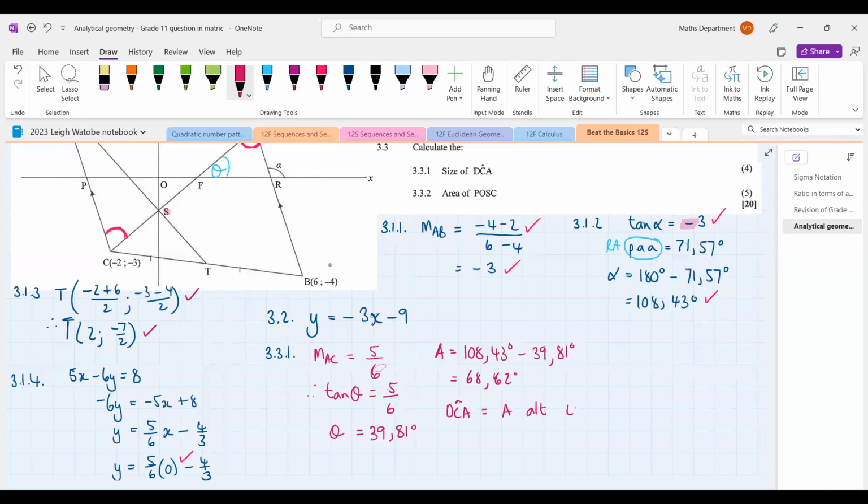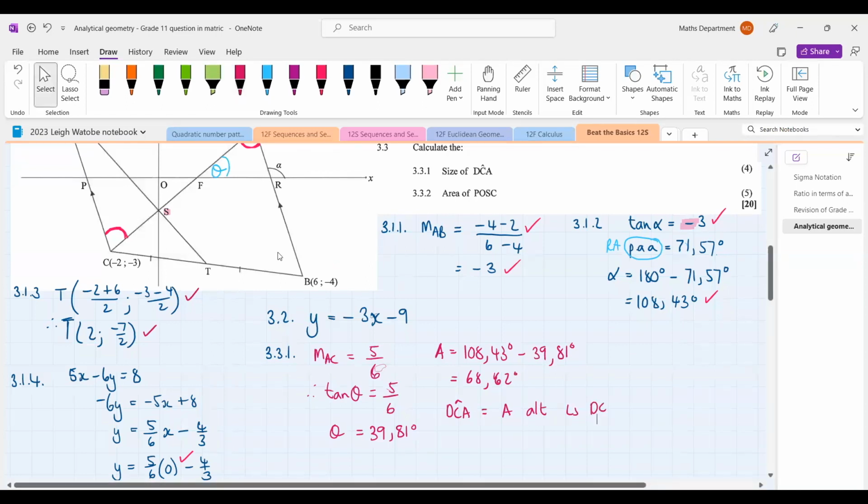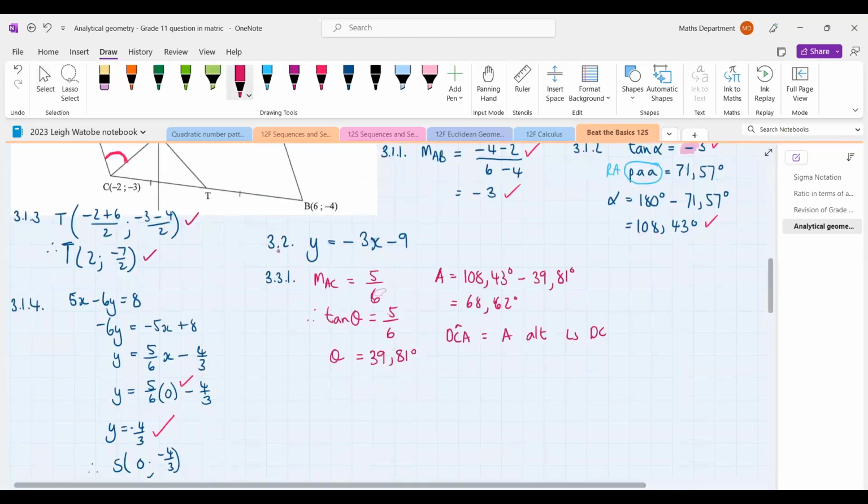Because there are alternate angles, DC parallel to AB, so DCA would also be 68,62. Okay, sorry, I haven't checked the chat for a while.